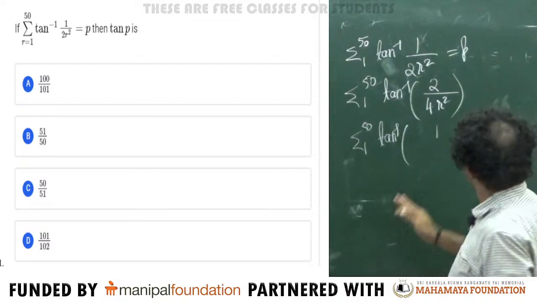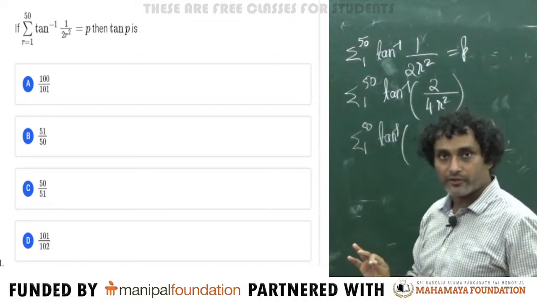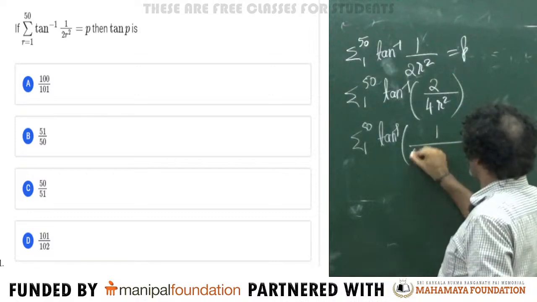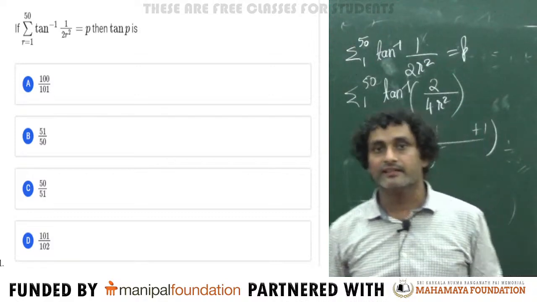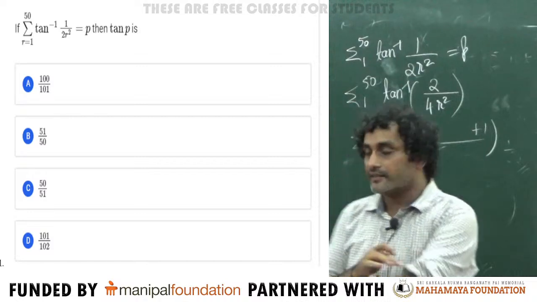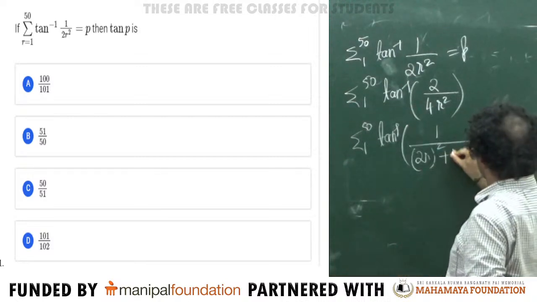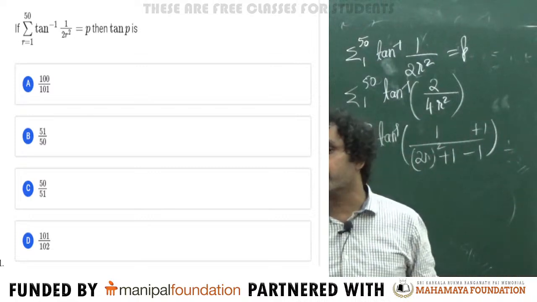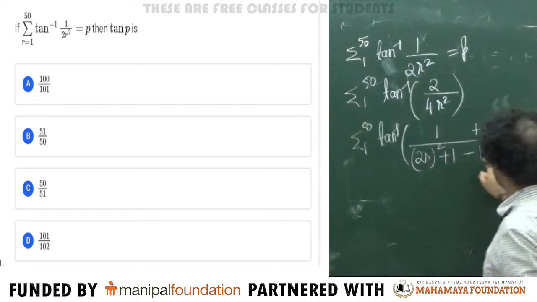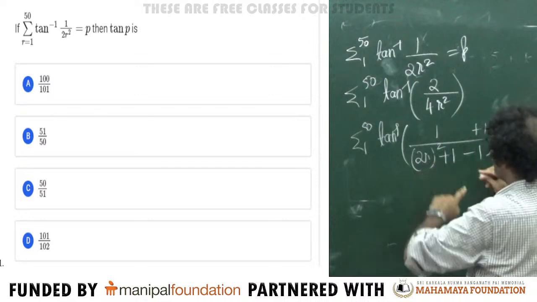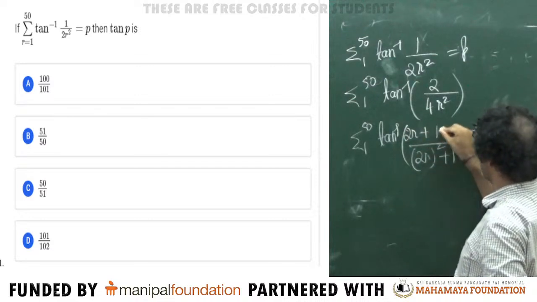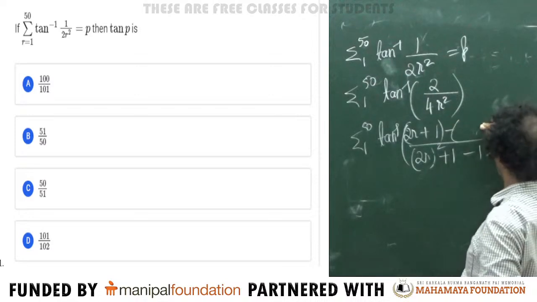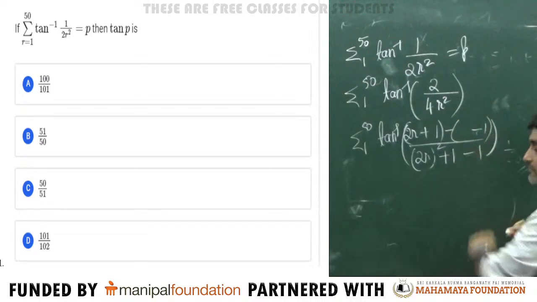Here 4r squared, I can write it as (2r) the whole squared. Are you with me? If it's (2r) the whole squared, can I simply add 1 and subtract 1? I just added 1, subtracted 1, and here anyway 2r is there. So I'll put 2r plus, and minus of minus 1 is plus 1.